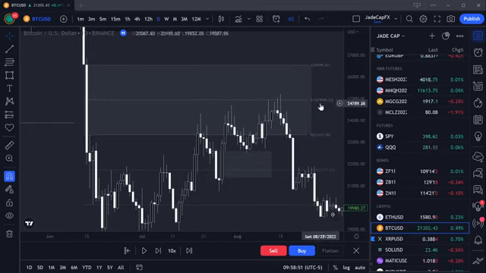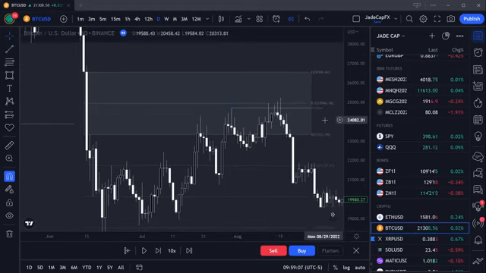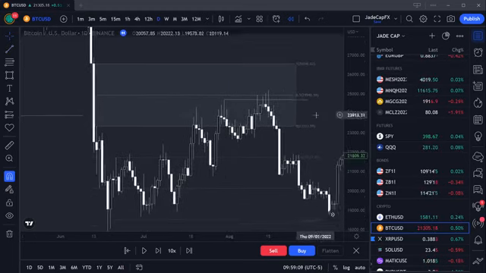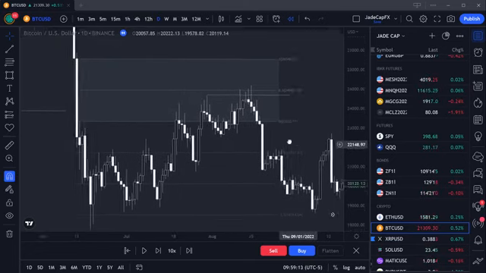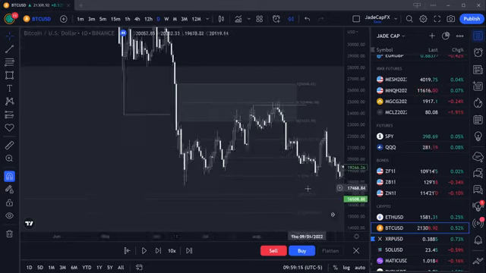We're looking for the 50% or consequent encroachment of the inefficiency. And within inside of that, there's more narrative, right? We have these highs being run out. And that is a swing failure pattern, right? So short inside of this sell side imbalance to go lower, right?